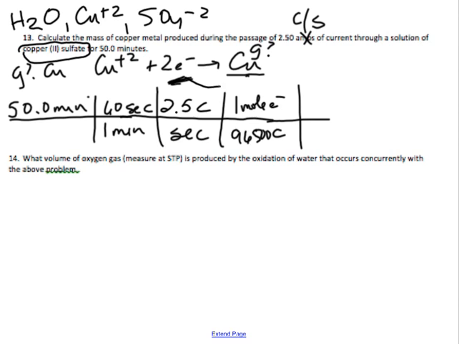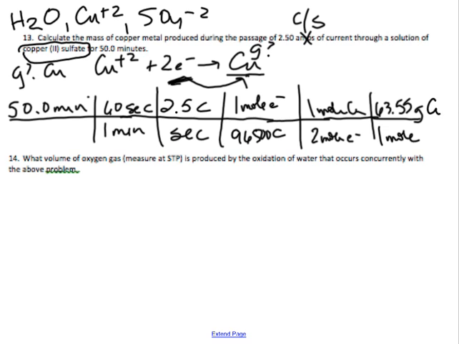Get me here. Stoichiometry: 2 moles of electrons, we get 1 mole of copper. How do you get me to grams? Now I'm somewhere I'm comfortable. For every 1 mole, I have 63.55 grams of copper. And that's it. How many grams of copper did I make?